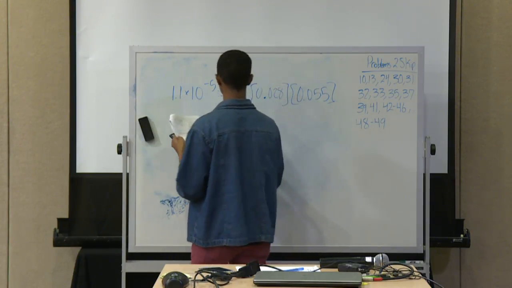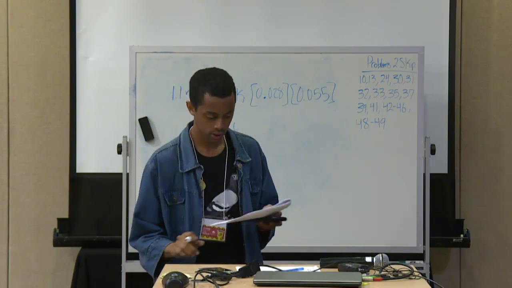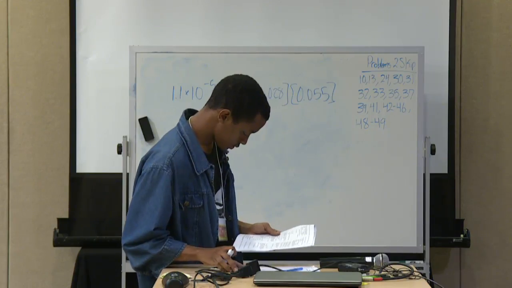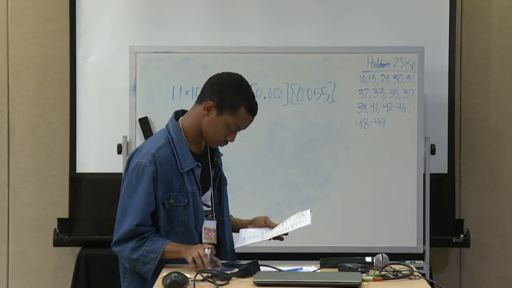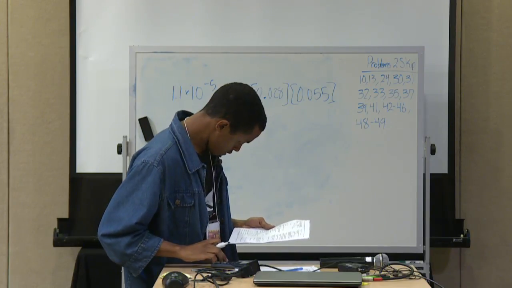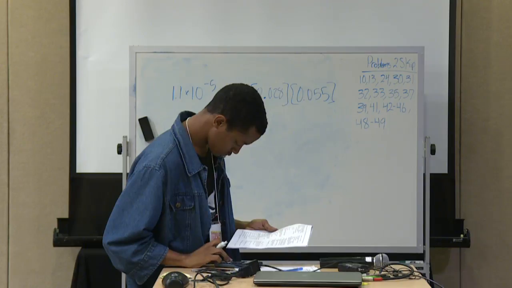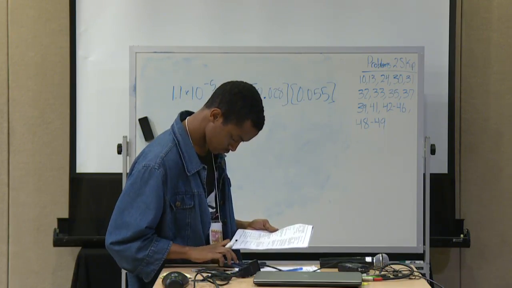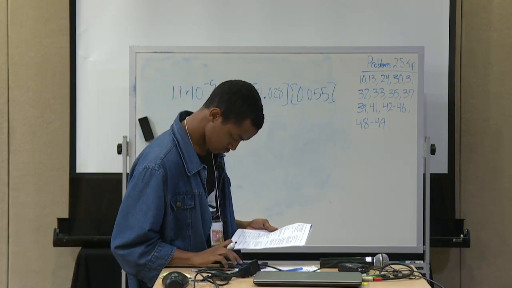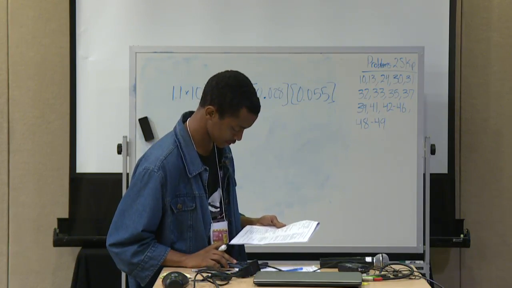When you do algebra and solve for K, K ends up being 7.2 times 10 to the negative 3.